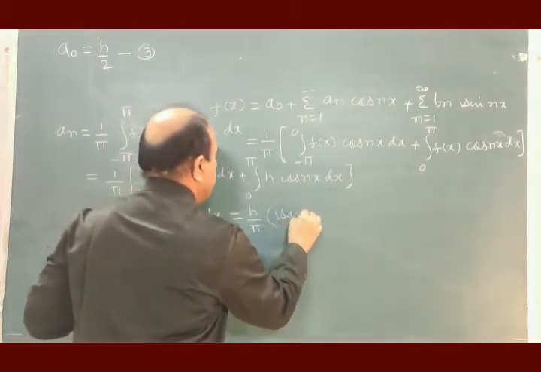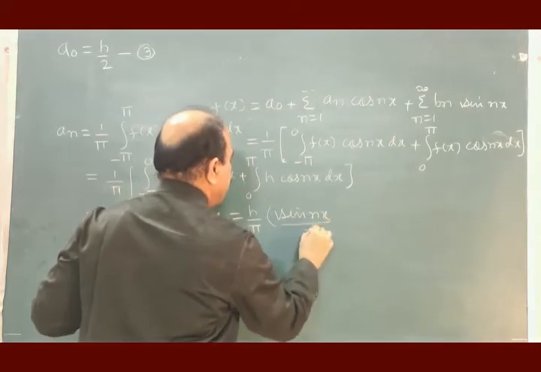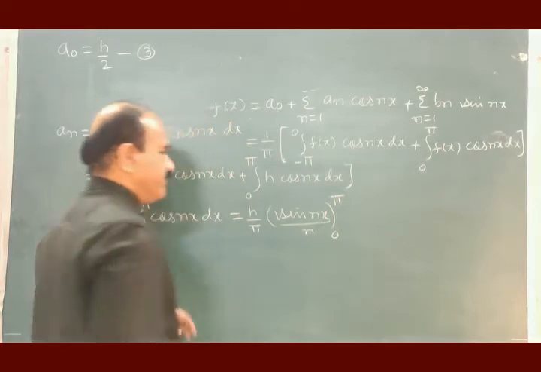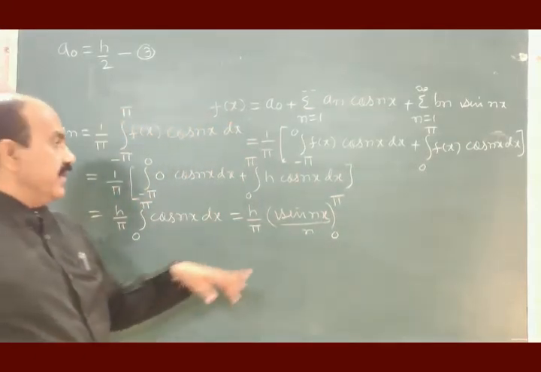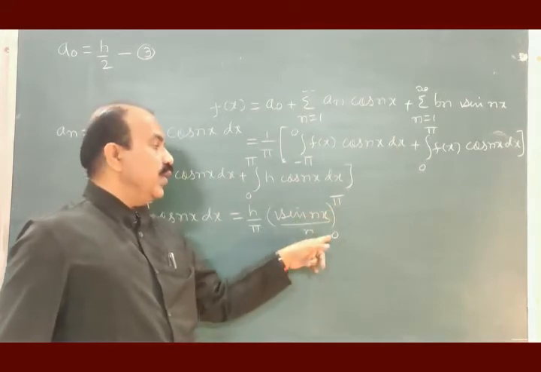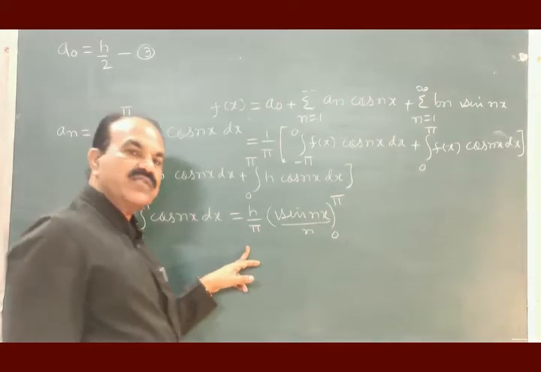Sin nx divided by n, limits 0 to pi. Here for x, higher limit will be pi, lower limit will be 0. Take this n outside as common.